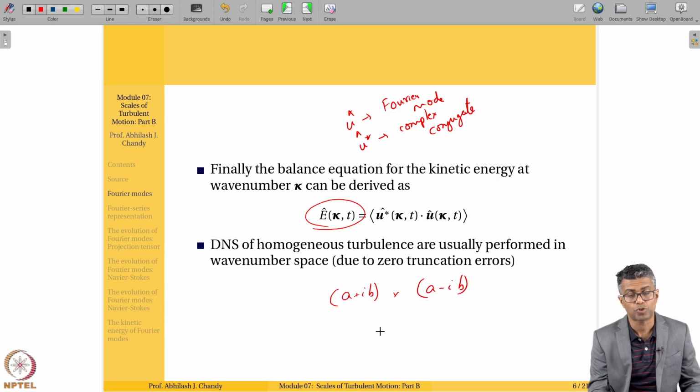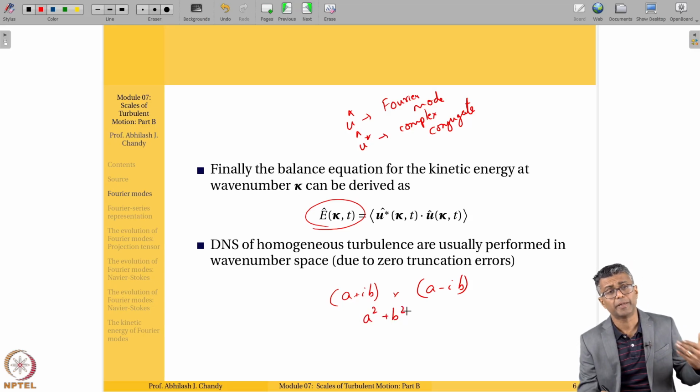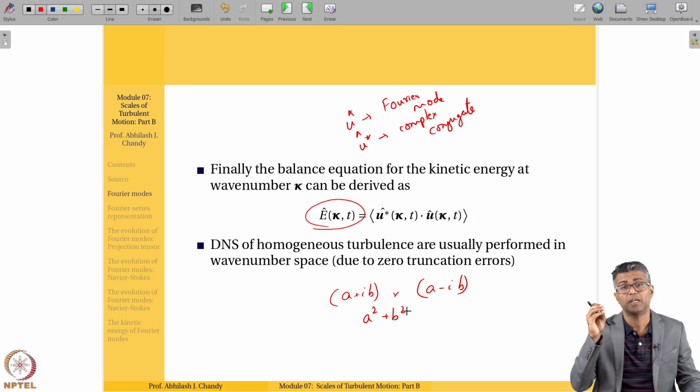If I multiply those two together, I get a squared plus b squared, which is essentially the magnitude of that velocity vector. So that's what the kinetic energy is representing: the magnitude of the velocity vector in Fourier space.